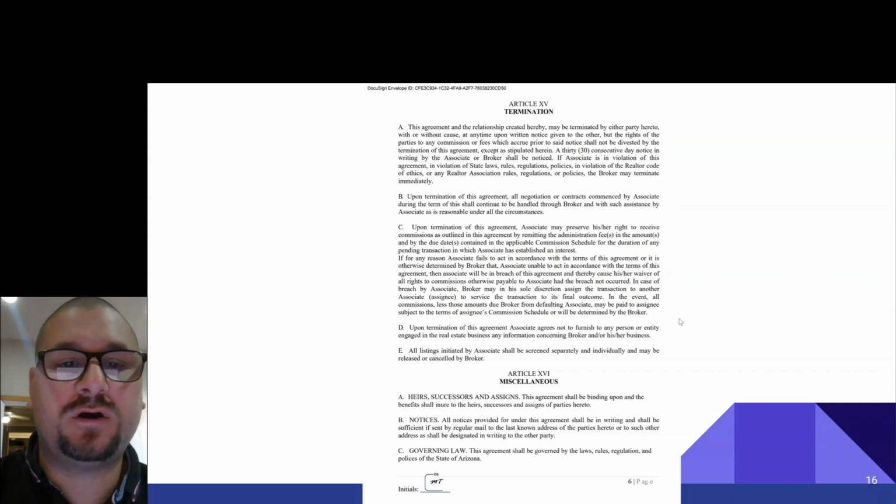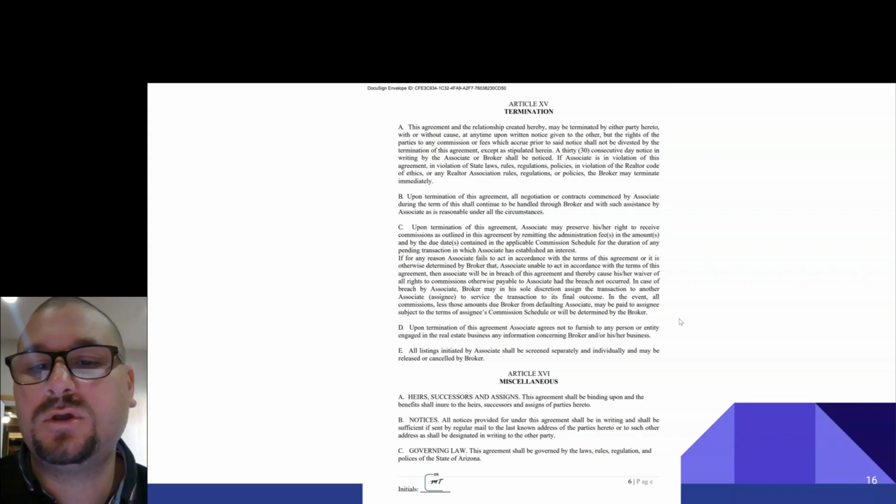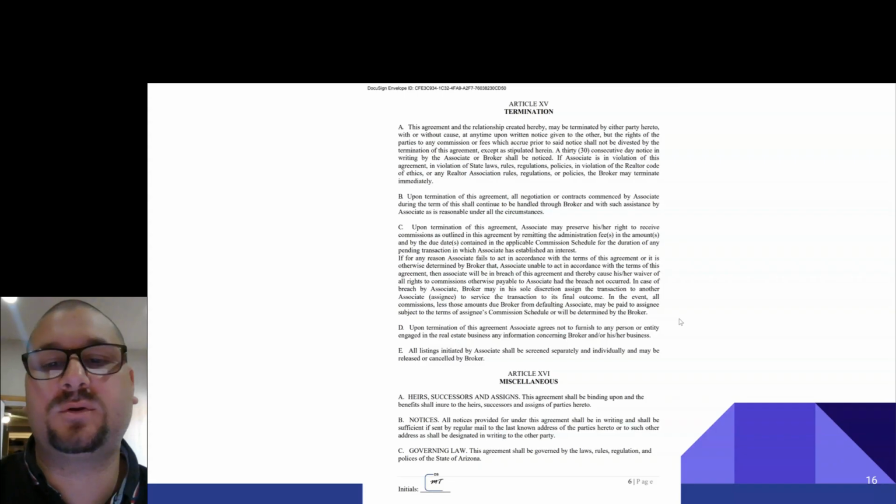All commissions, less those amounts due broker from the defaulting associate, may be paid to the assignee, subject to the terms of the assignee's commission schedule, or as determined by the broker.